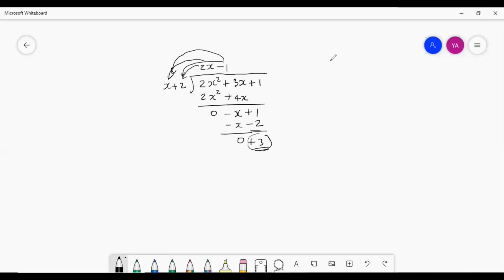Yes. And here there is some relation between divisor, dividend, quotient and the remainder. You know that relation? A is equal to BQ plus R. Very good.